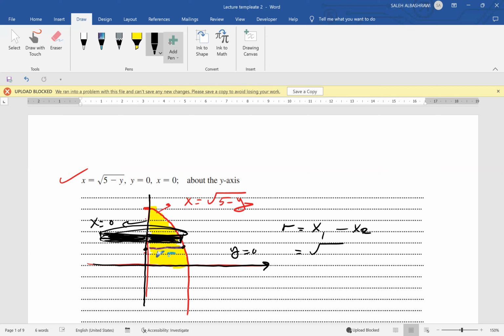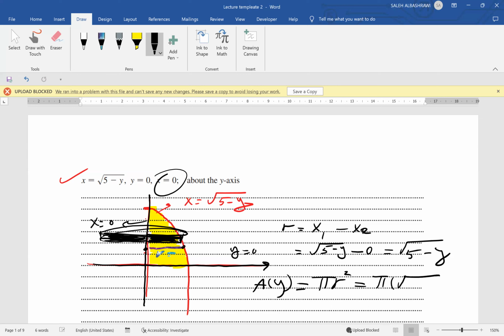So it is the square root of 5 minus y minus 0. So it is square root of 5 minus y. The area A(y) this time is given by pi R squared, which is equal to pi times square root of 5 minus y to the power 2.